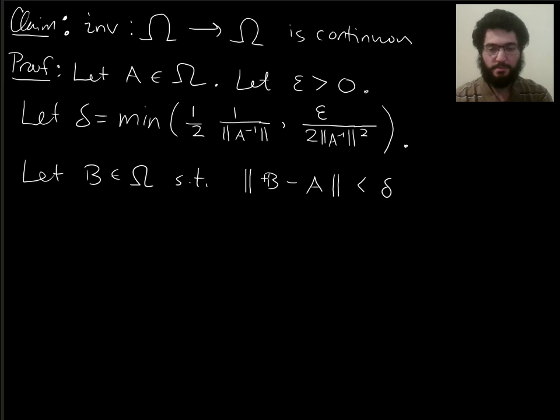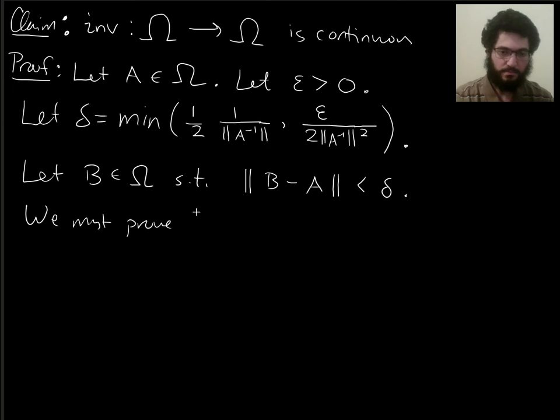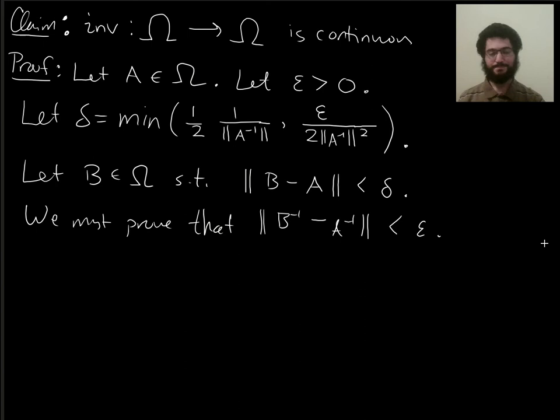Or if you prefer, B is in the delta ball centered at A. And now we need to prove that the norm of B inverse, the inv function applied to B, minus A inverse is less than epsilon. So that is our goal. And what I'm supposed to convince you is that this choice of delta ensures that.